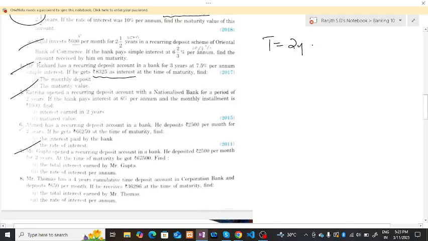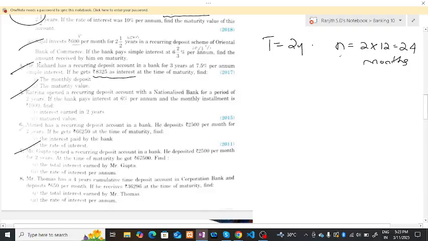Time is 2 years. Therefore, n is equal to? If time is 2 years, n should be 2 into 12, 24 months. You have to write this value in the formula where n is equal to 24 months.